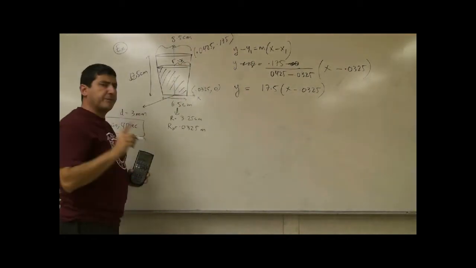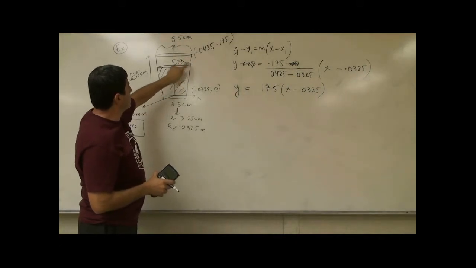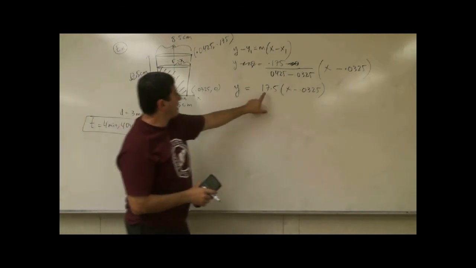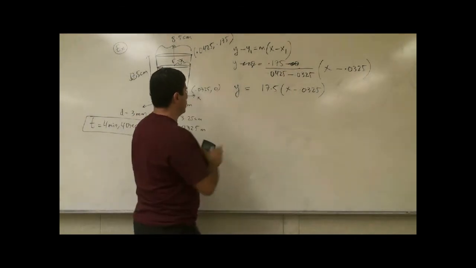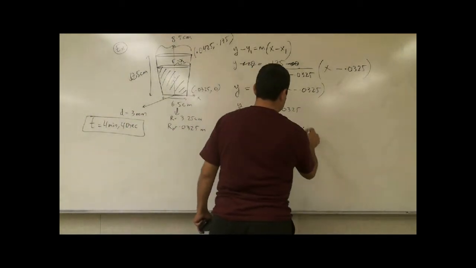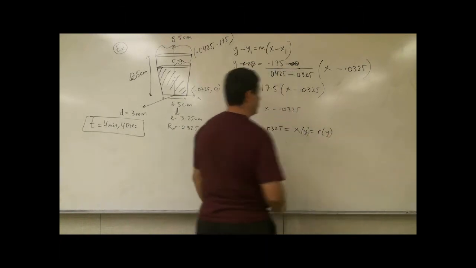So I want an equation that describes what the radius is as a function of y, as a function of the elevation. So I'm going to take the 17, bring it here, x as a function of y. Okay? And that's equal to the radius as a function of y.